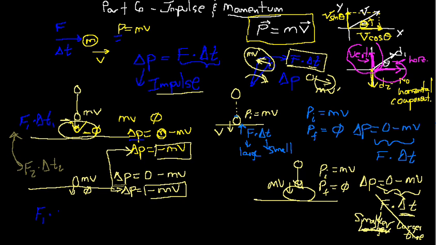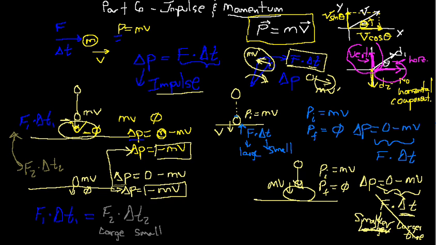So we're going to have F1 times delta T1 has to be equal to F2 times delta T2. So in order for these two to be equal, you see that in this case, when the egg is just hitting the floor, this force has to be large because this time interval is small.